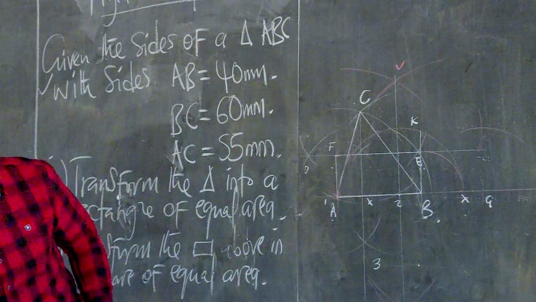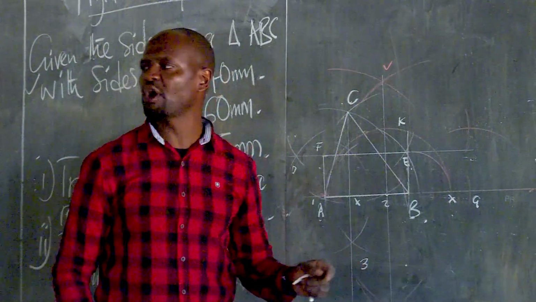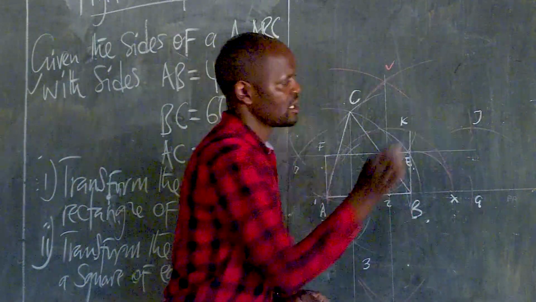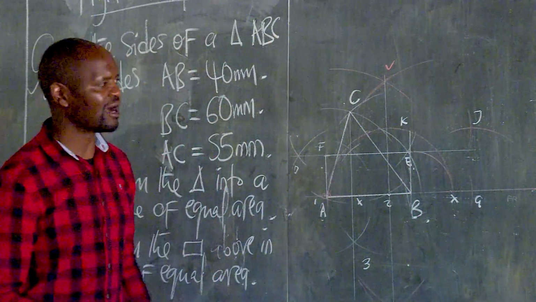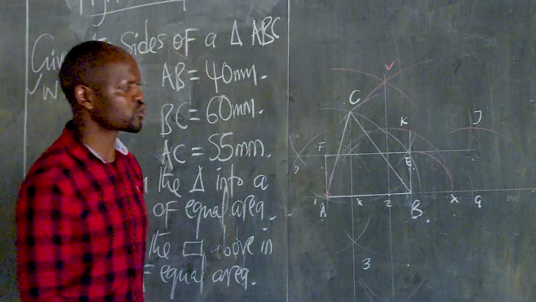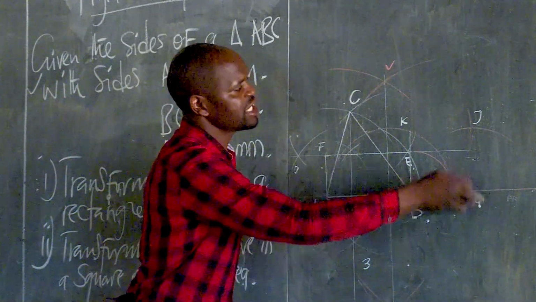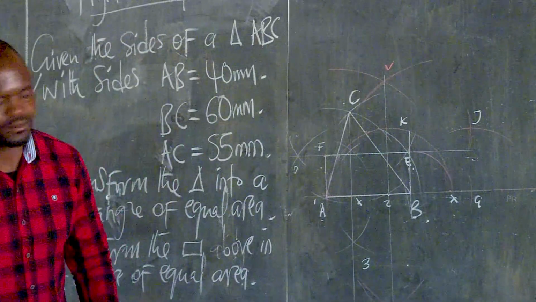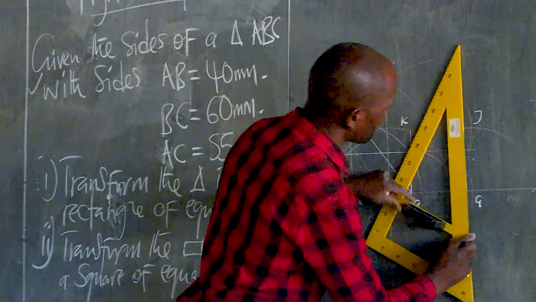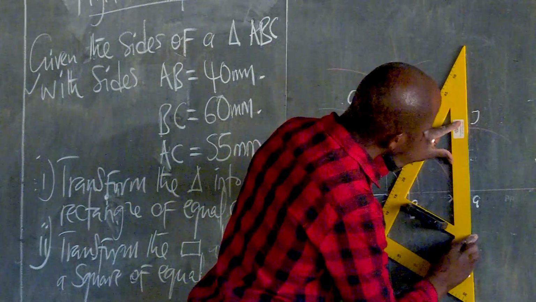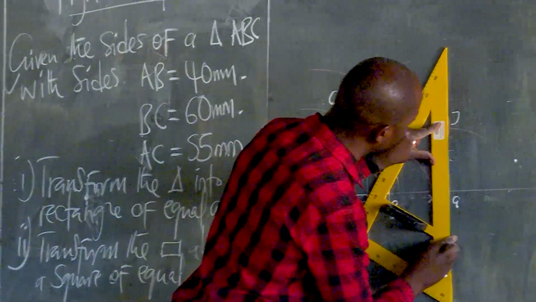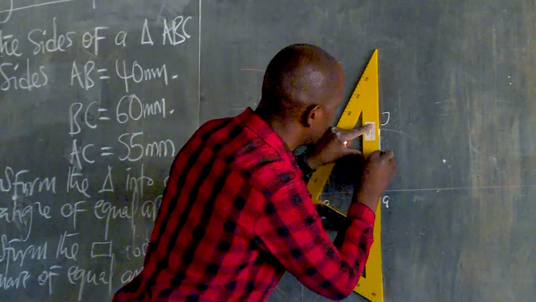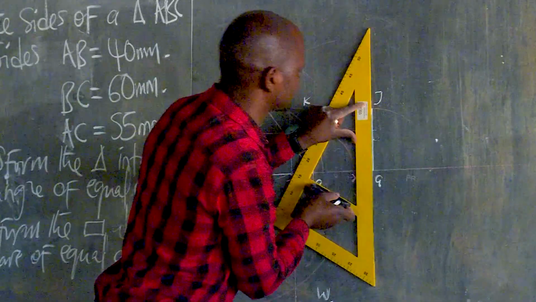Okay. So this point we shall call it point J. Point J. Okay. So we can outline our square BGJK. Are we together? Yes, sir. So you join your distance from J to G, like that.